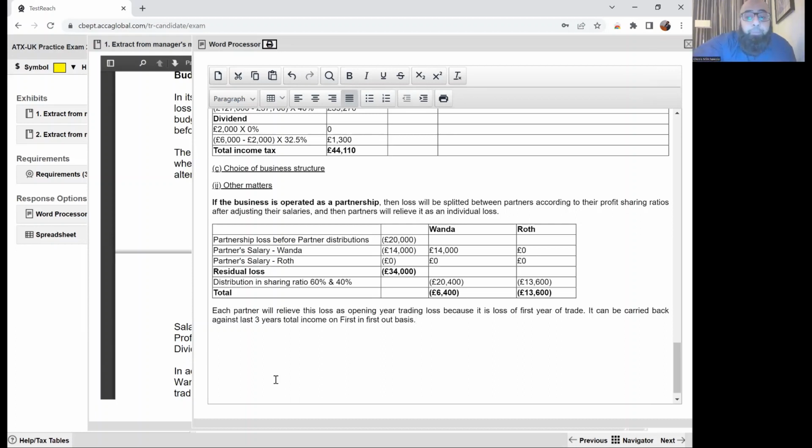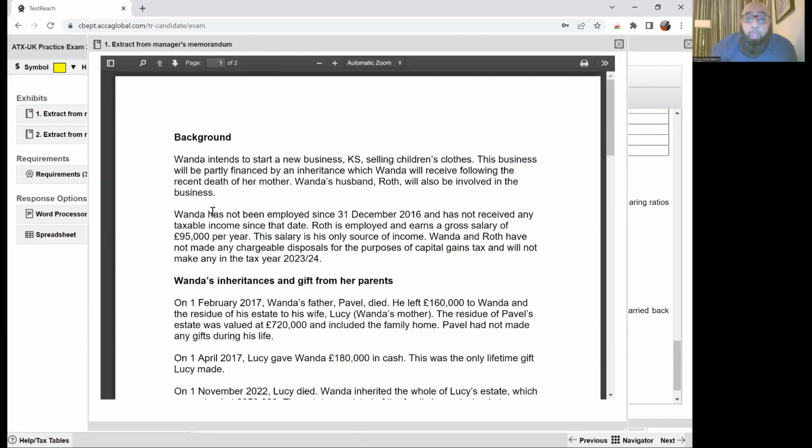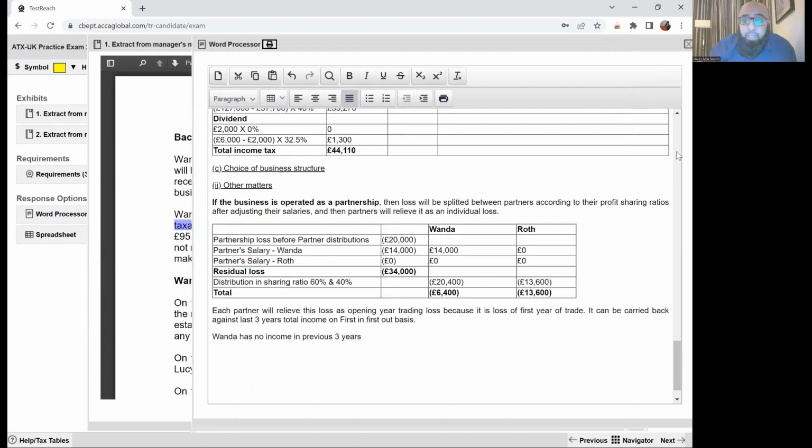Now Vanda has no income in the previous 3 years because she has not been working since December 16. You can read it here: Vanda has not been employed since December 16 and has not received any income.